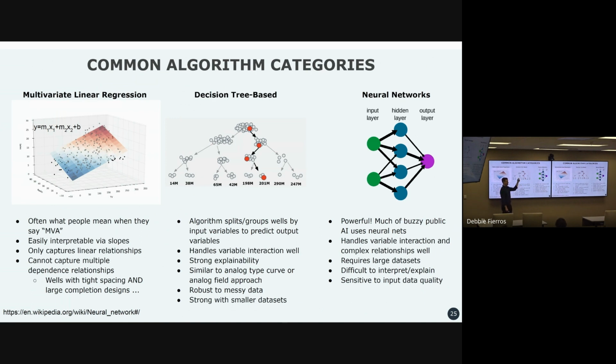The nice thing about these is they're robust to missing data. They're very accurate on tabular data. And they can be pretty good even with smaller data sets like what we have in oil and gas. And then of course you have the neural networks, very powerful. Almost everything in the history of AI that Mike showed you is in this neighborhood over here.